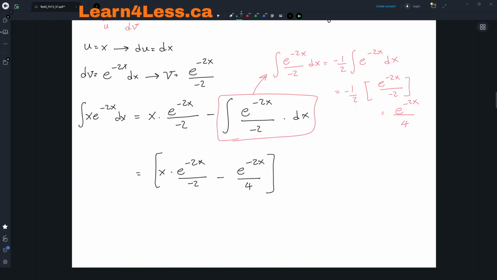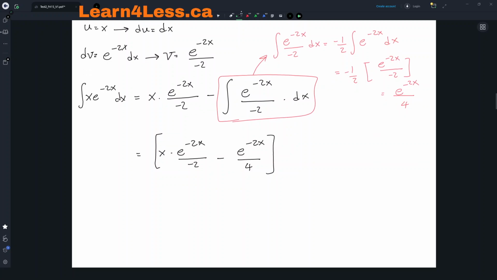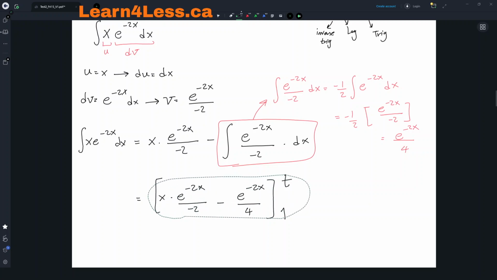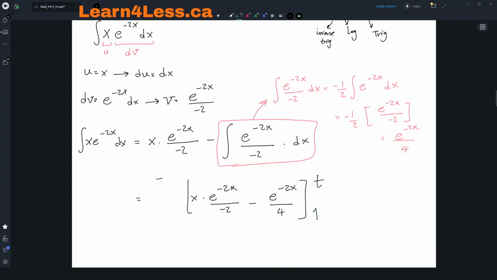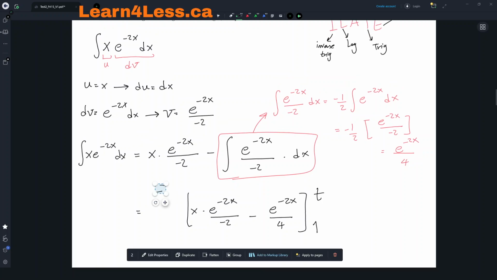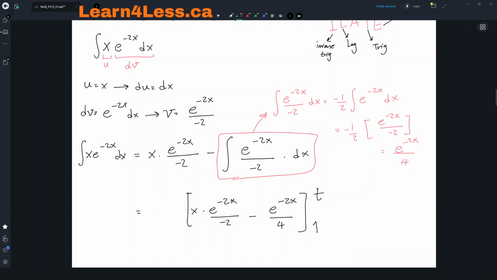So instead we give it a letter, a parameter, for example t, and the lower bound stays as it was, simply 1. To indicate that t goes to infinity, we take the limit as t goes to infinity.